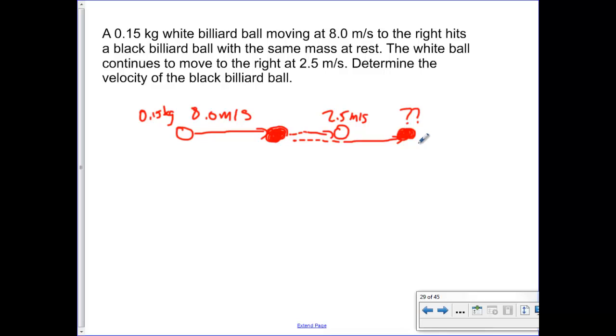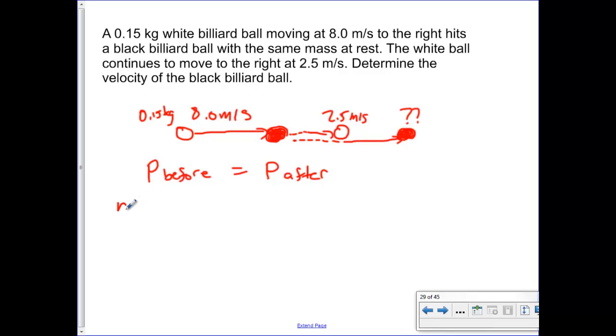So here's how I might set up a question like this. We've got to figure out the total momentum beforehand and make it equal to the total momentum afterwards. So what objects do I have that could have momentum? The white billiard ball and the black billiard ball.